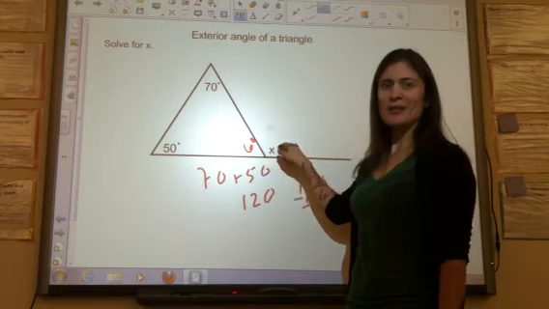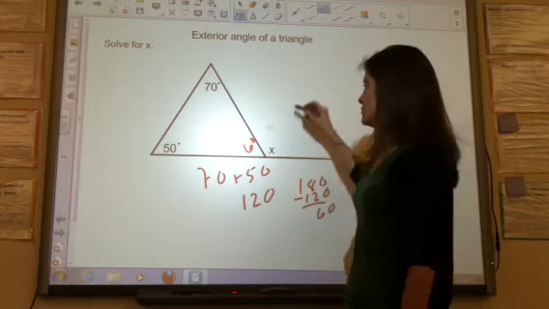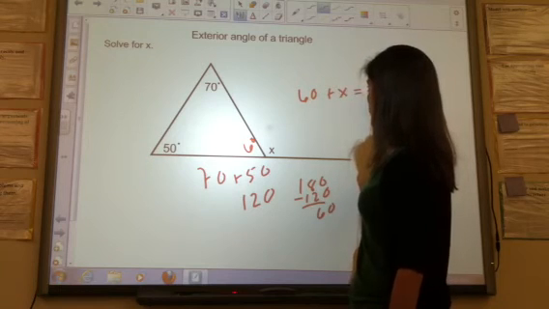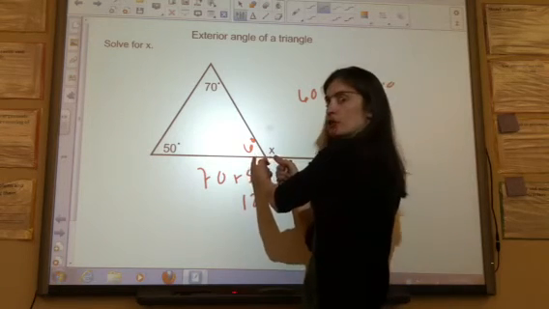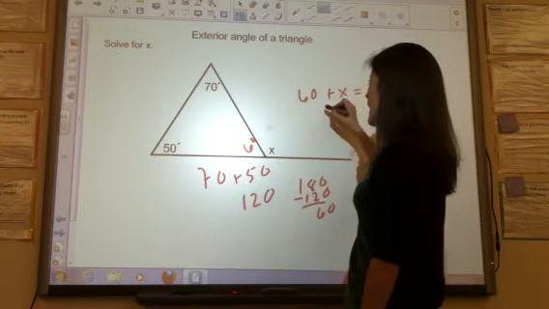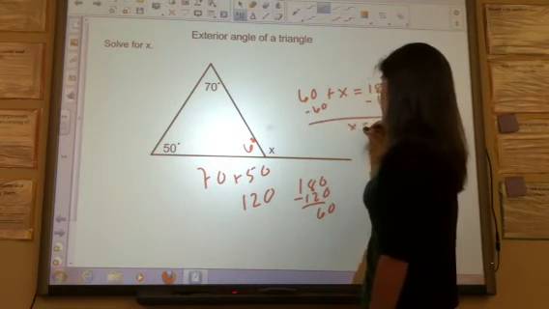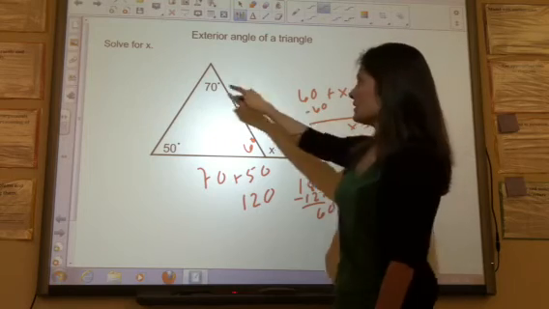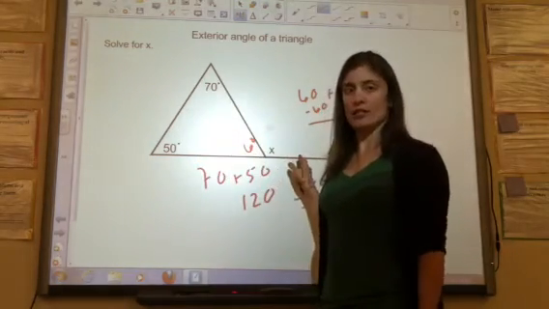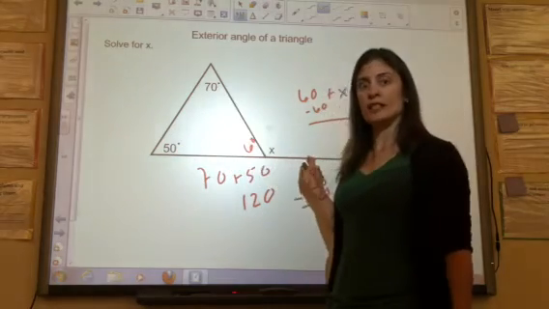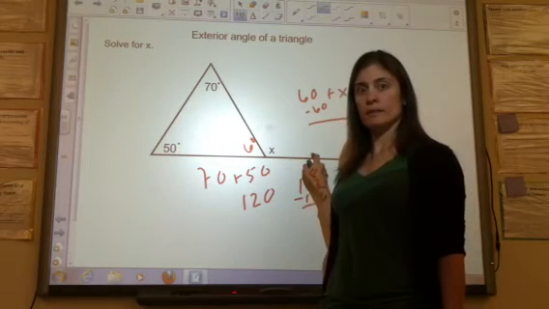If these two angles are supplementary, then you know that 60 degrees plus x equals 180. Well, then that means that you just backed into the fact that the two interior angles that don't touch the exterior angle, the sum of these two are going to equal this exterior angle.